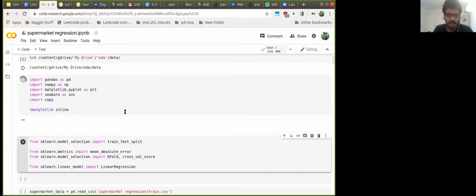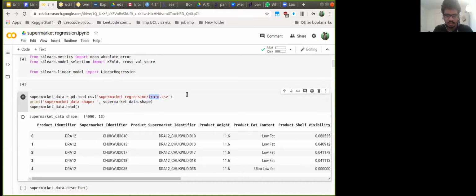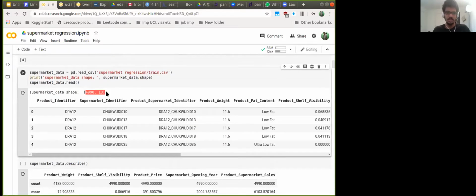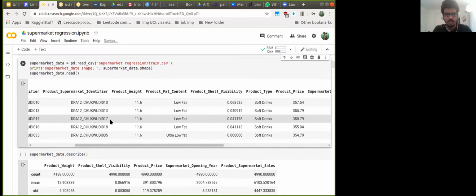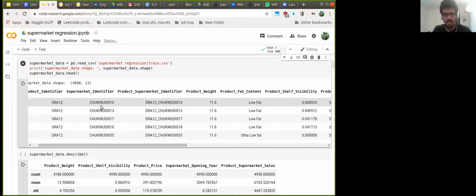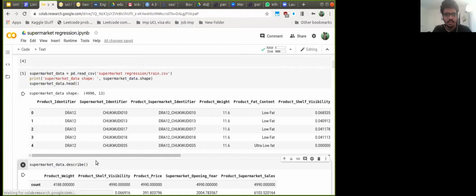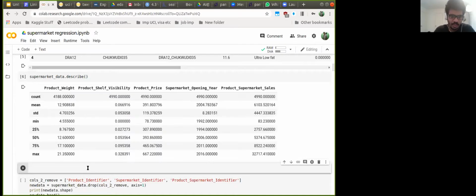Okay, so this CSV file is right there and contains the data set. There are around 5,000 rows and 13 features. As you can see, we cannot really gauge any information just by looking at the data set, right? That's why we'll be doing the whole EDA process. We'll go through everything step by step.